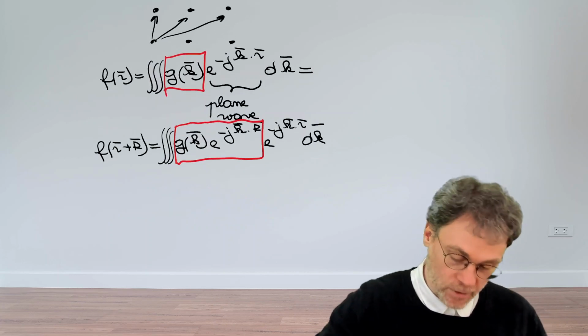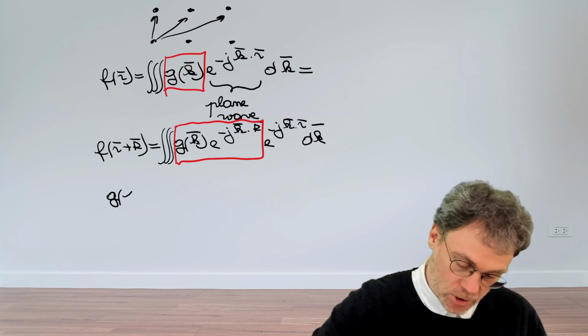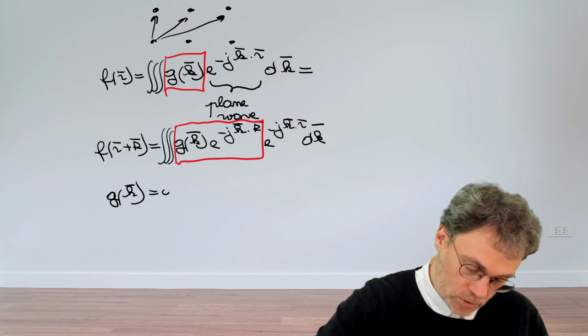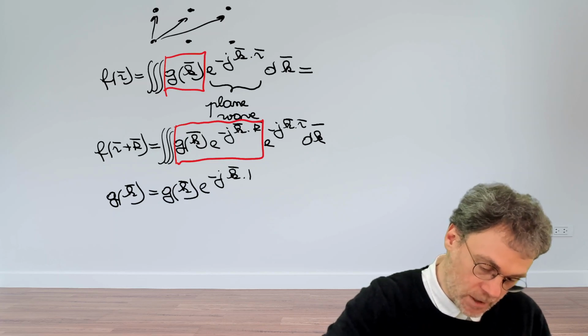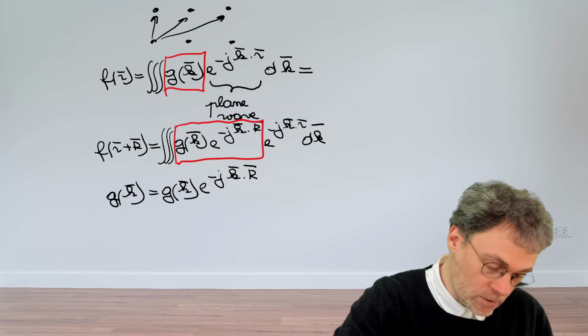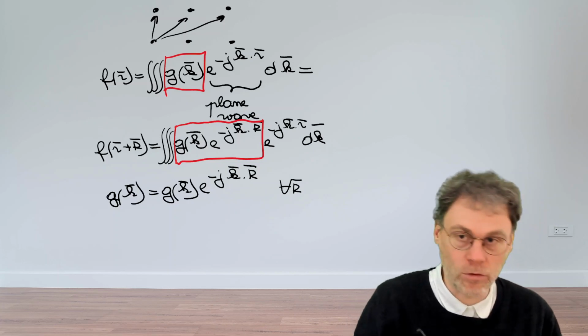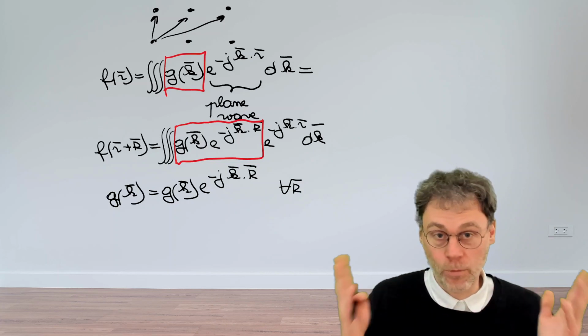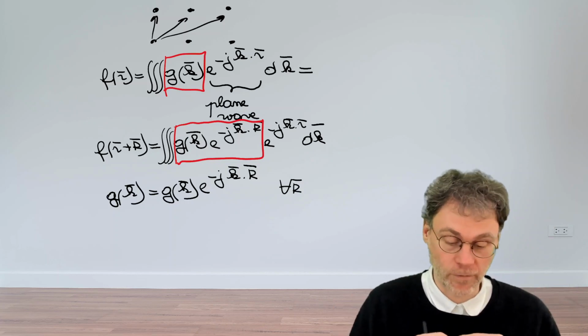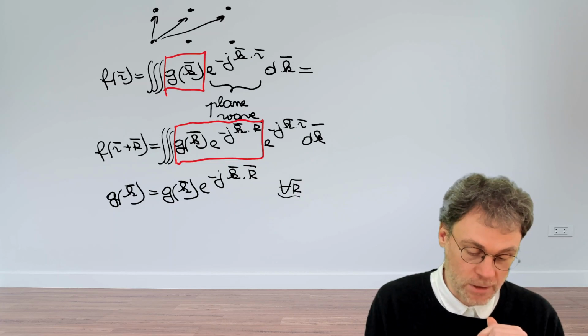So if you write it down, g of k should be equal to itself times this complex exponential minus j k R. Again, I've written this down for a specific lattice vector R, but our function is periodic on all possible lattice vectors R that you can think of. So it's important to keep that in mind.